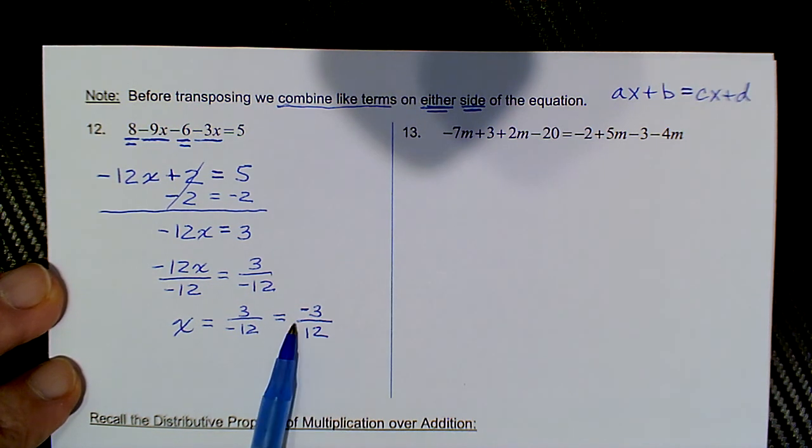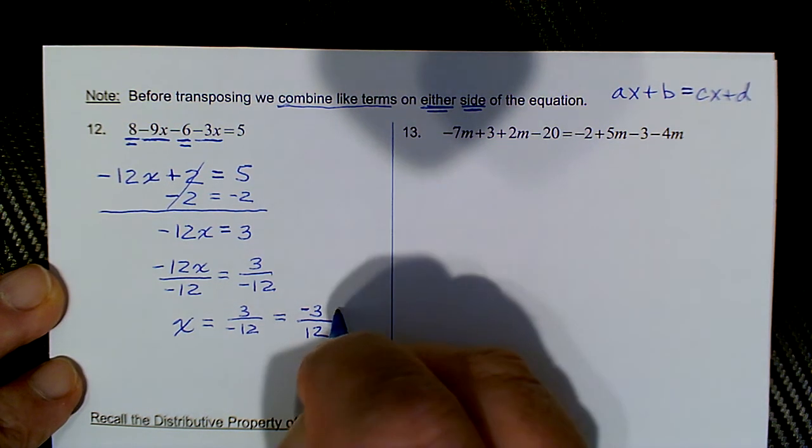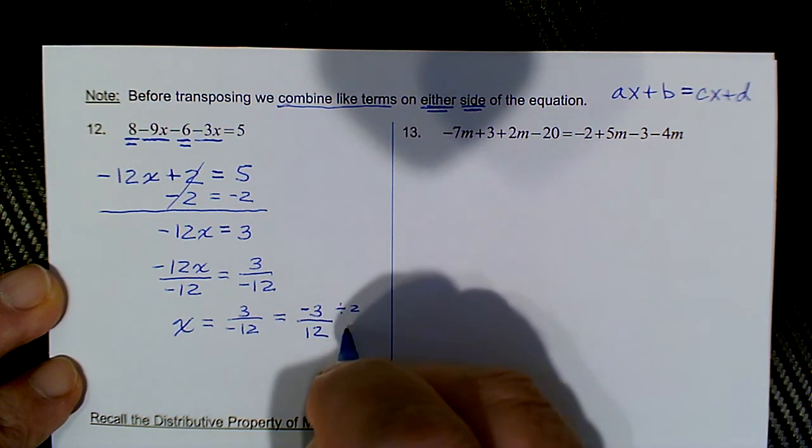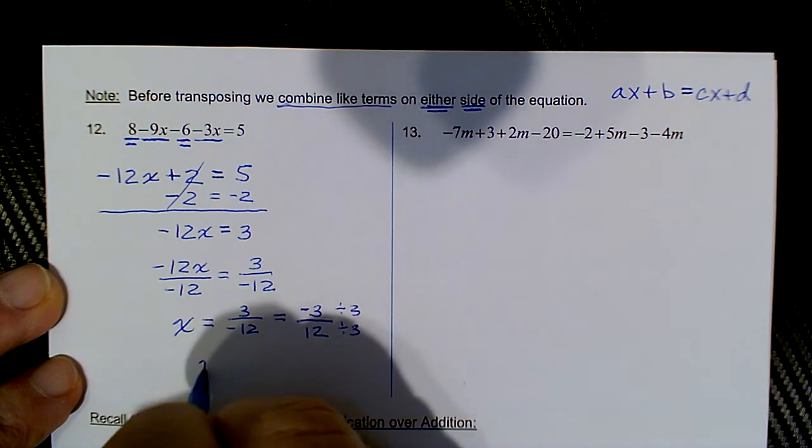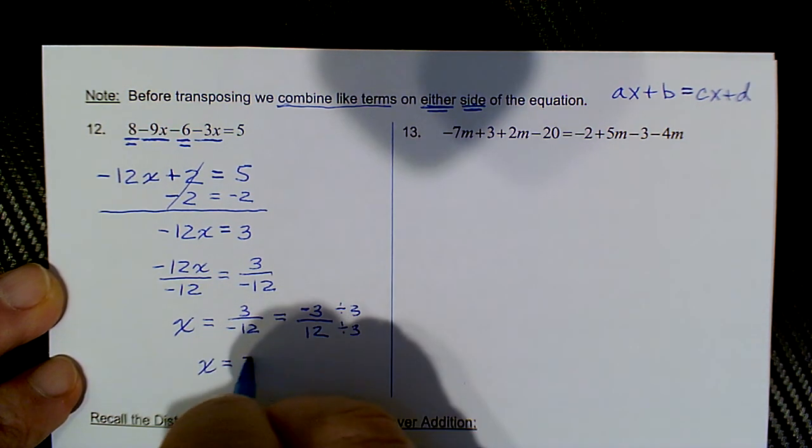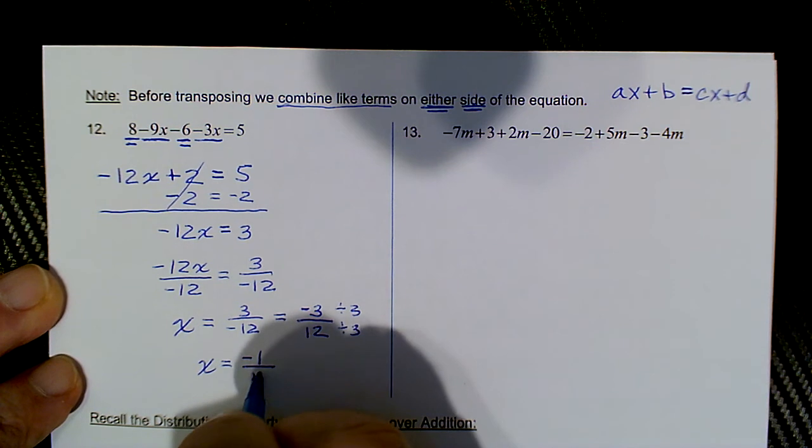Or another option is to put the negative right smack dab out in front of the fraction bar, but typically people won't do that. So this is preferred. But then we want to reduce, and we notice we could divide by 3. So x is equal to -1 over 4.